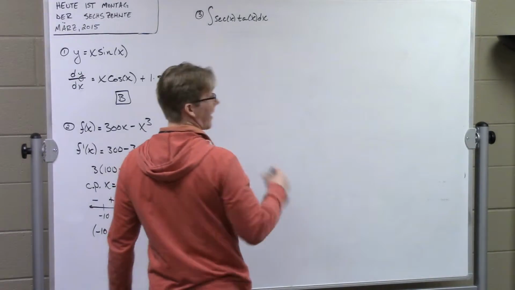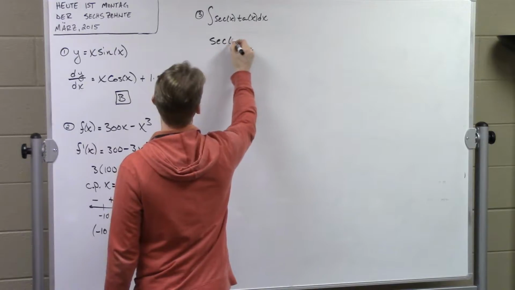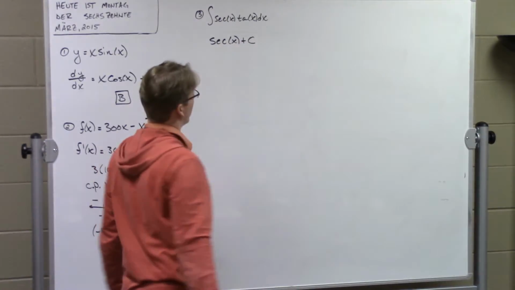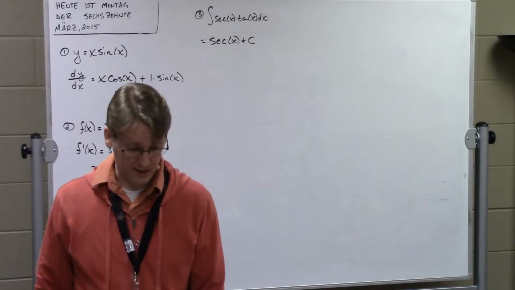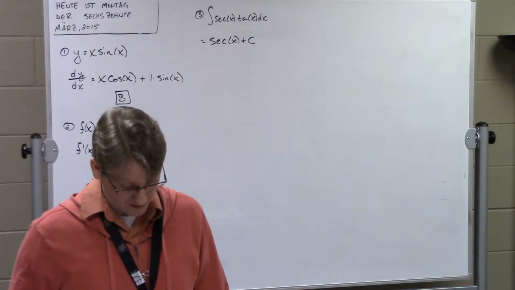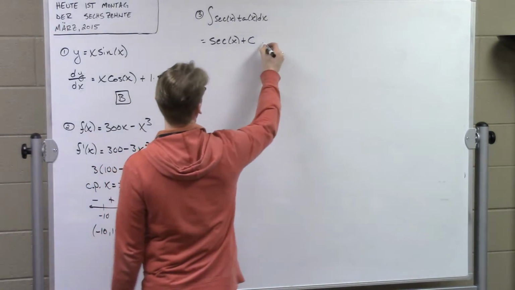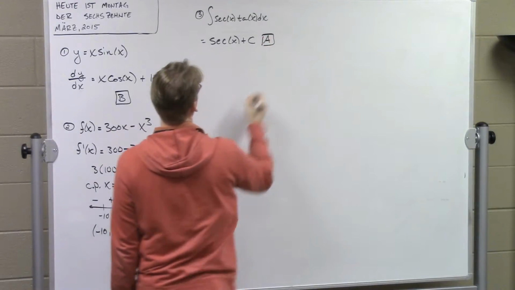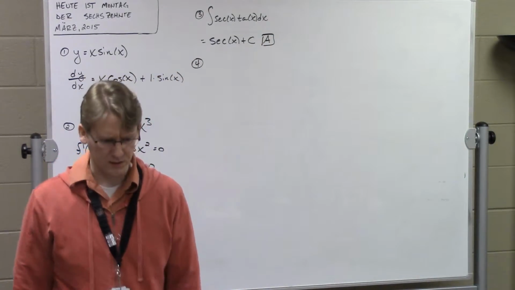Secant tangent. And notice they went ahead and put the plus C's on all of them to save you the heartache of that. That one's A. Don't let them put answers down and you're like, ooh, that looks good.